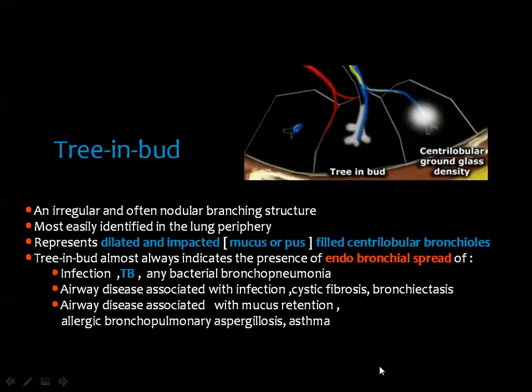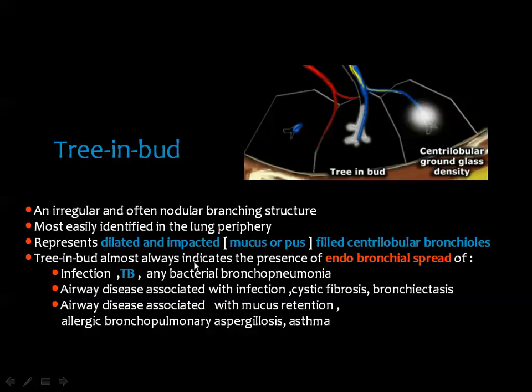One of the appearances of the centrilobular nodules is what is known as tree-in-bud appearance, which means that there is mucus or pus impaction in the respiratory bronchioles or in the centrilobular bronchioles. The impacted mucus or pus within the bronchiole will give the typical appearance of a tree in bud.